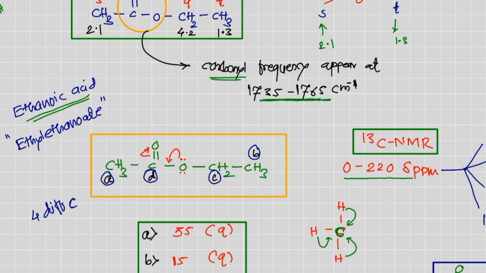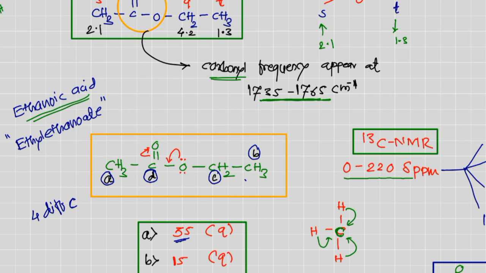A is attached to CO, so there must be a partial anisotropic effect, and the value is expected to be near 35, from about 25 onwards, so around 40. What about this quartet now? This is the multiplicity. In H1 NMR we have coupling with 3-bond and 2-bond separation, but in C13 only carbon-hydrogen coupling is allowed and the remaining couplings are violated, because there is no chance to couple C13 with C13.